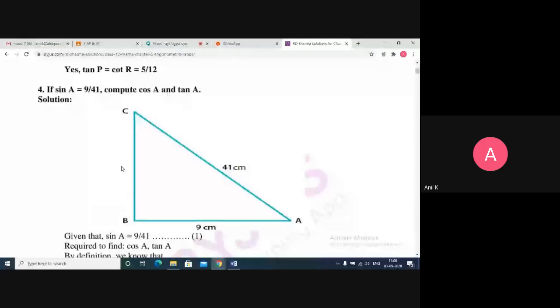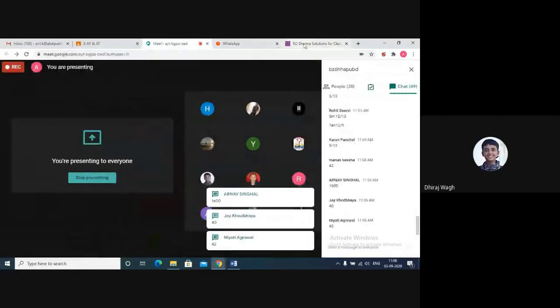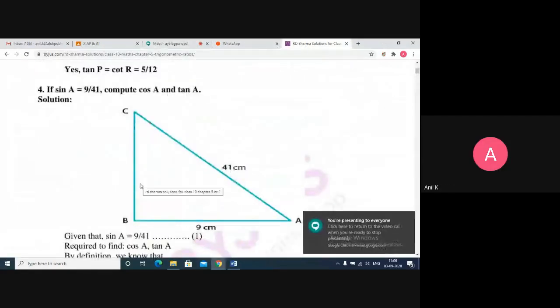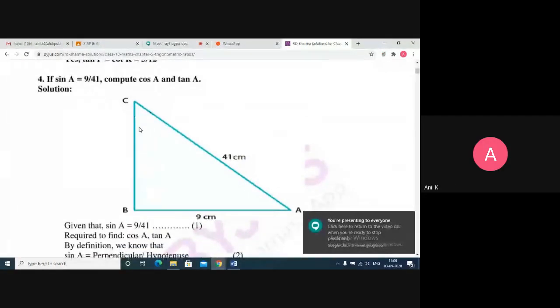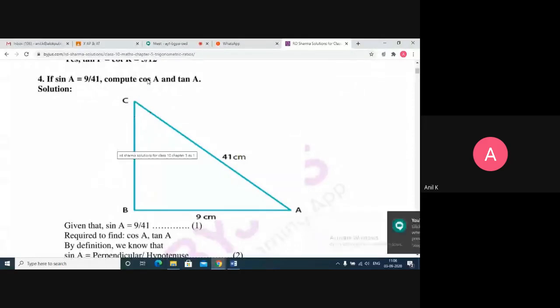What do you get? 41 square, 1681 minus 81, which is 1600. The square root of 1600 is 40. Perfect. So BC value I got as 40. Now you can find cos A and tan A.